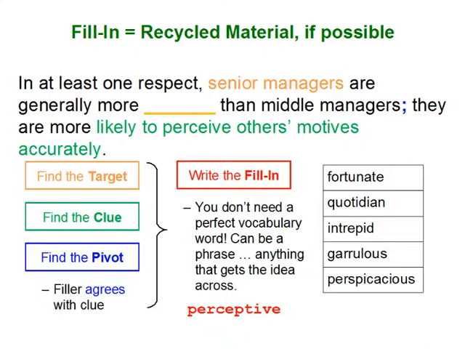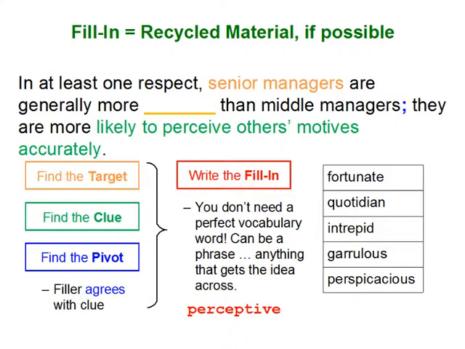Something else that's interesting about these choices, though, that I want to mention is that several of them make sense in the sentence without that clue. So, here it's sort of like senior managers are generally more fortunate than middle managers.